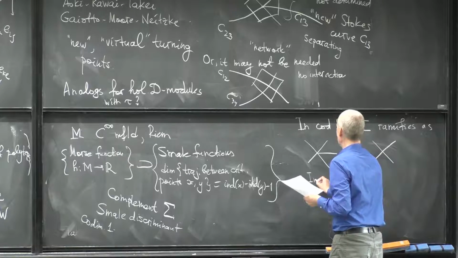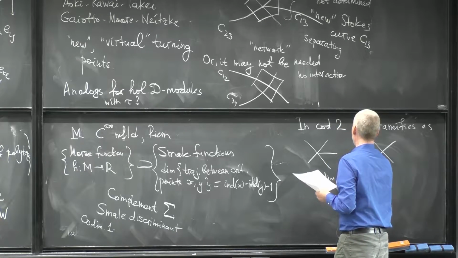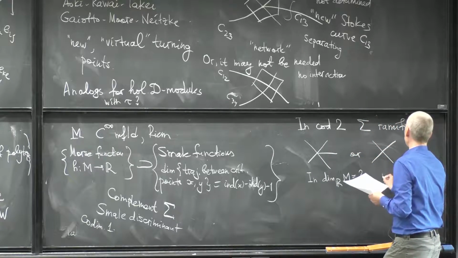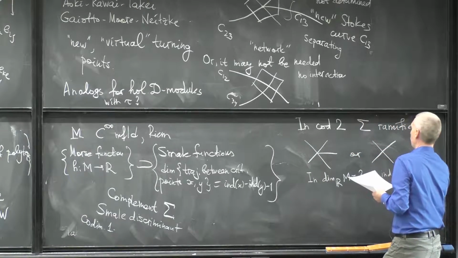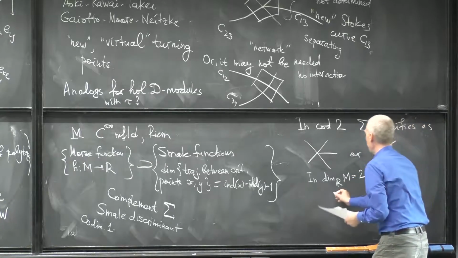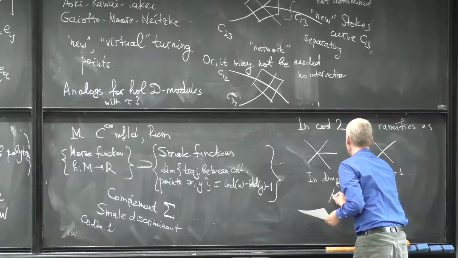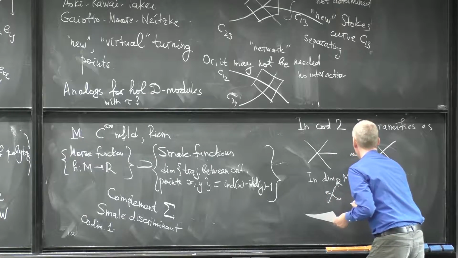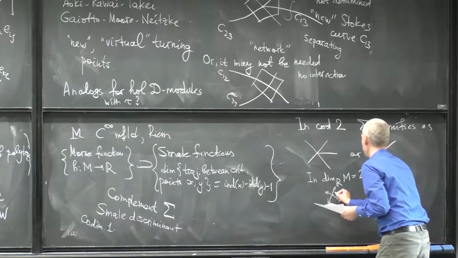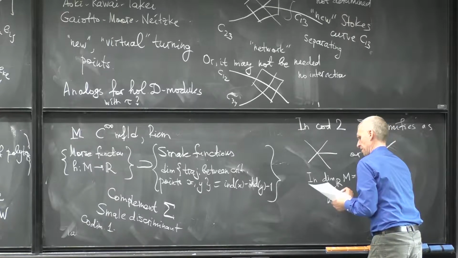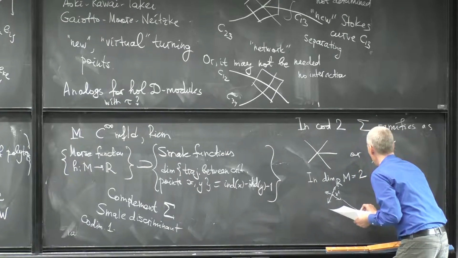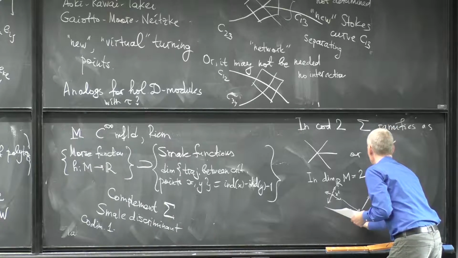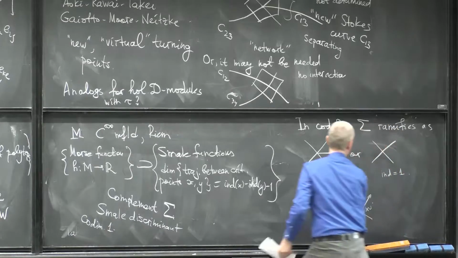So in the case of real dimension of M equals 2, and say index being 1. So this would correspond to we have 3 critical points. So suppose you go like this. So this sort of comes from point x_i, and here we go into the critical point x_j. And here we end up.